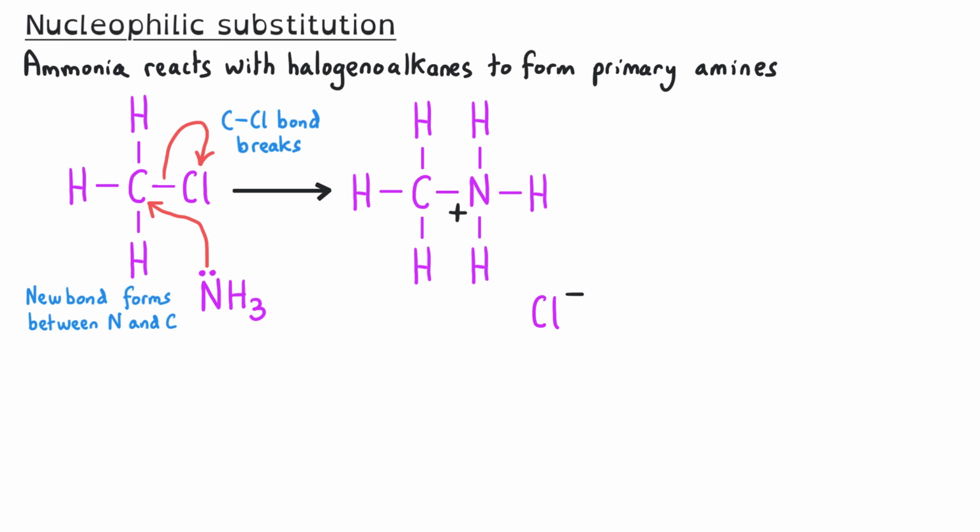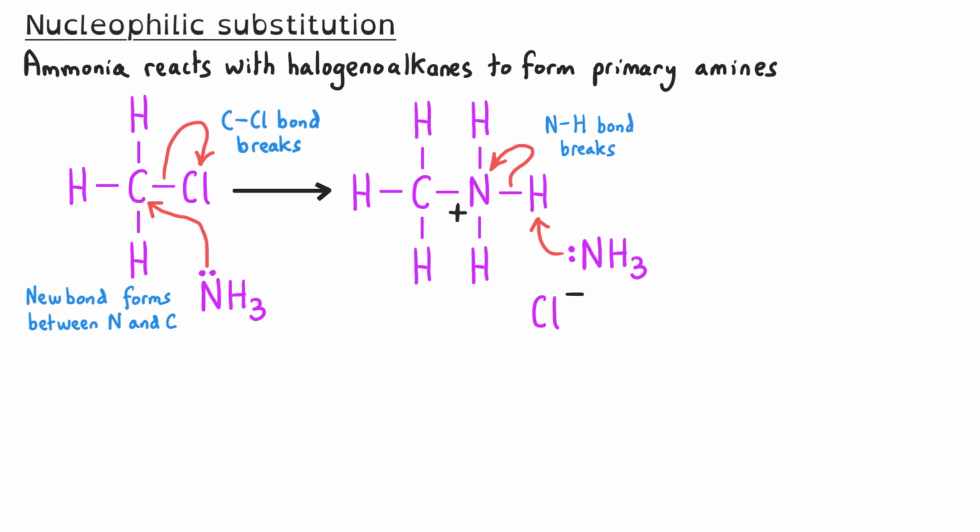To become neutral again, the nitrogen atom needs to break one of the bonds it's sharing with a hydrogen atom and take both of the electrons for itself. Hydrogen ions are too small to be stable as a positive ion by themselves, so they need a base to remove them. And the base in this case is a second ammonia molecule.